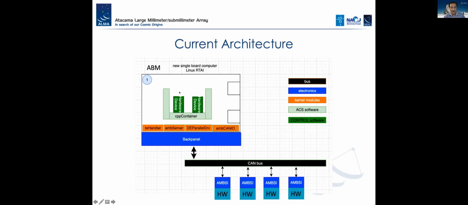The logic is embedded inside what we call hardware device components as a piece of software. Using RTI, we make sure that this is real time. Through the kernel modules, we translate those messages to the CAN bus. The message arrives at the AMSI, and internally, the AMSI interacts with the final hardware using SPI, I2C, or other kinds of electronic protocols.